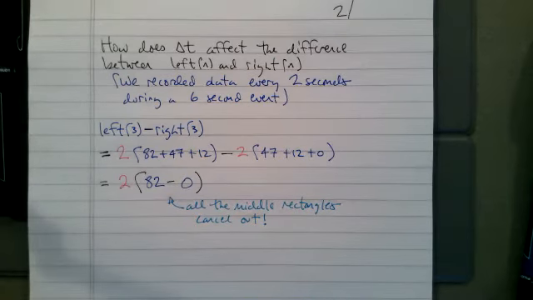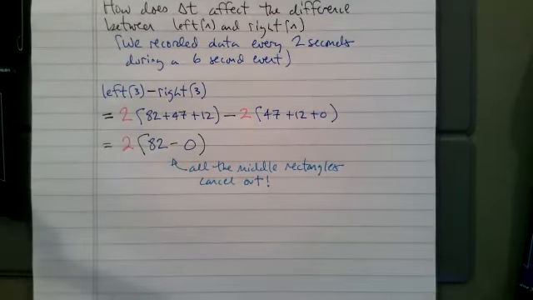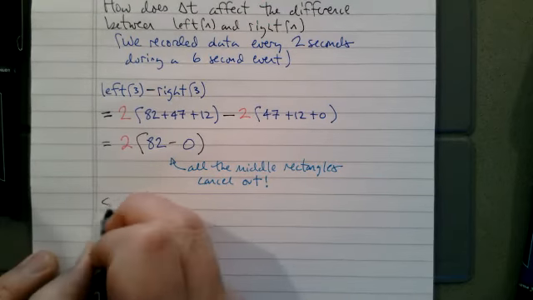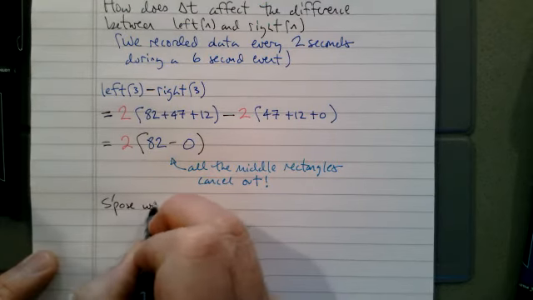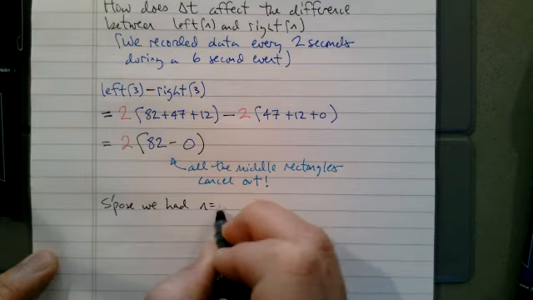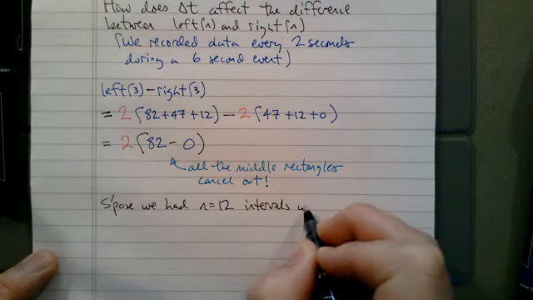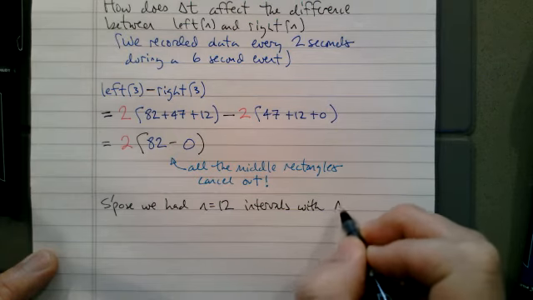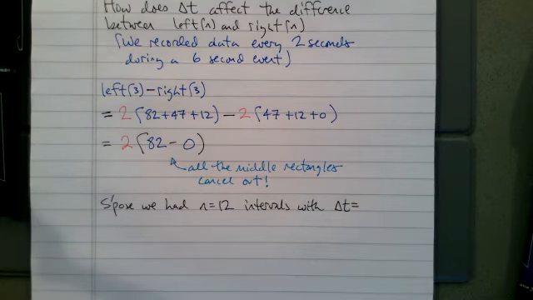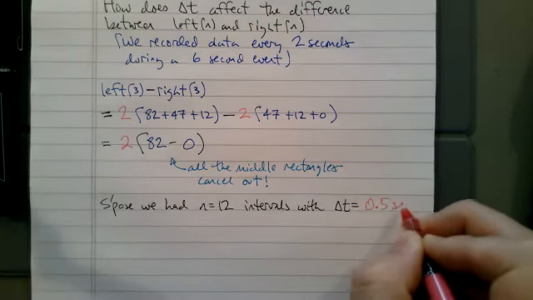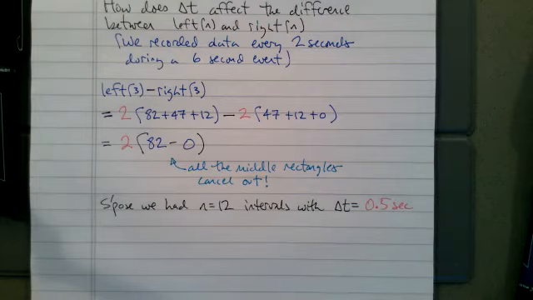So if I did a hypothetical, so if n was 12 subintervals and the delta t was now 0.5, because I take the 6 divided by 12 intervals, 0.5 seconds, rather than 6 divided by 2-second intervals for 3.